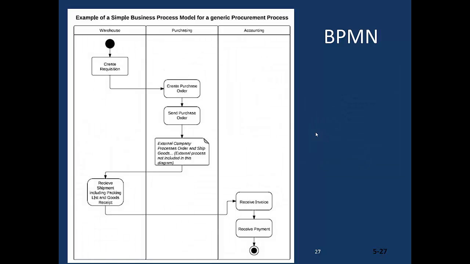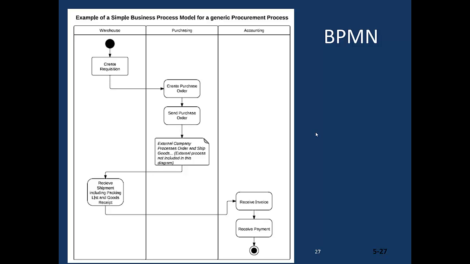Another example, another way that we track workflow or business processes is through a more formalized type of diagram. And this example is BPMN. This is a business process model notation.